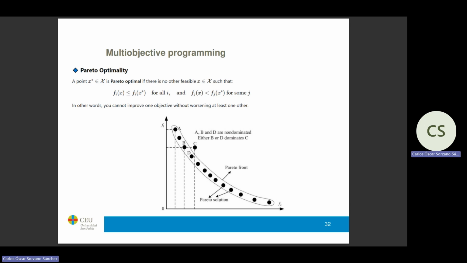So I can find a point in which I'm as good as I was in F1, and I'm better in F2. B is better in F2, and the same for D. So you can go down in F1 and still not sacrifice anything in F2. Okay, so this is all your feasible region.